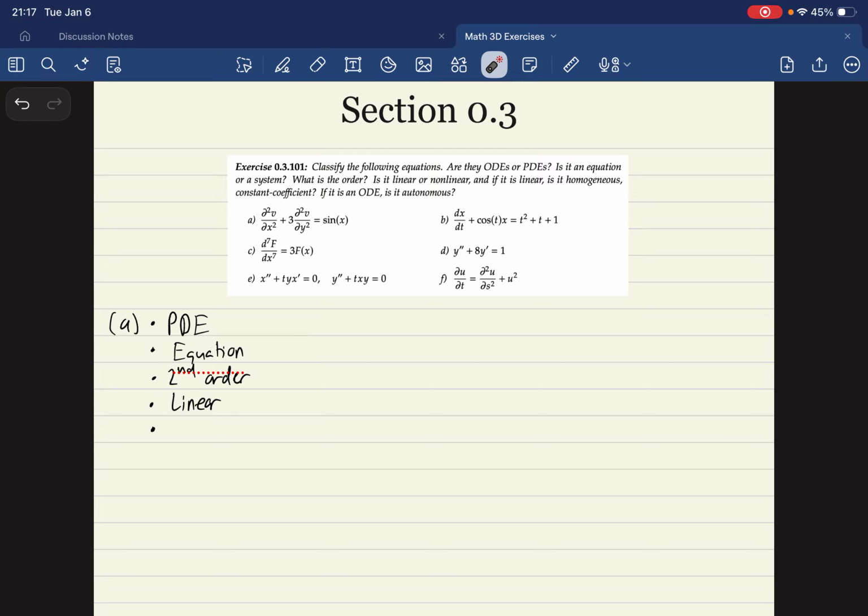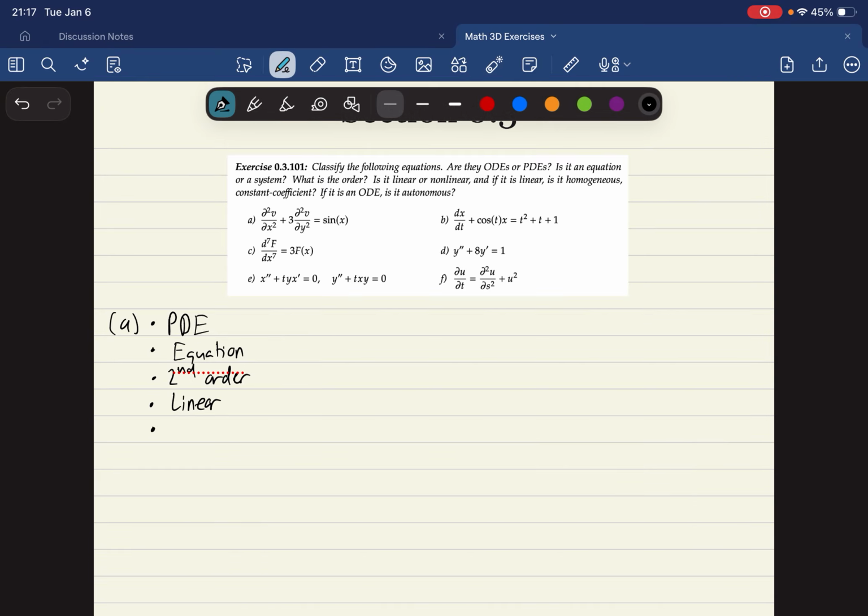And for those of you that are curious what the general form of a linear equation is, have a look at page 18, equation 2 of the notes that I'm using.